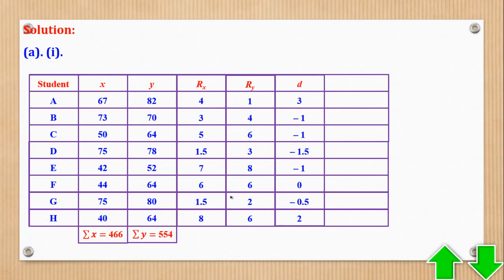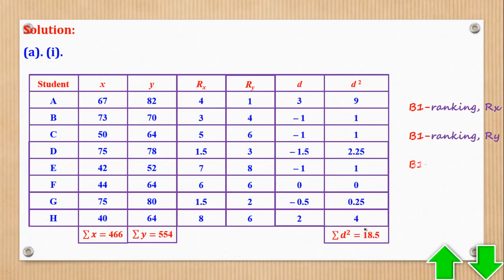Then next we need to get the square of those values of D. So this squared, this squared, and so on. Then the total: add all these values, and you will come up with this. So that is the tabulation which will help us answer all the questions.